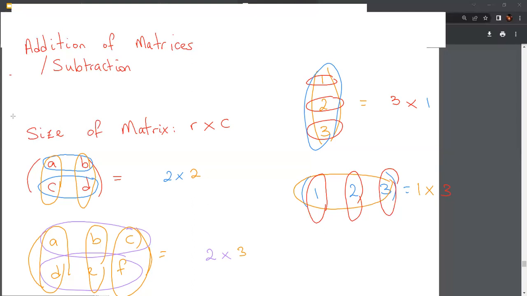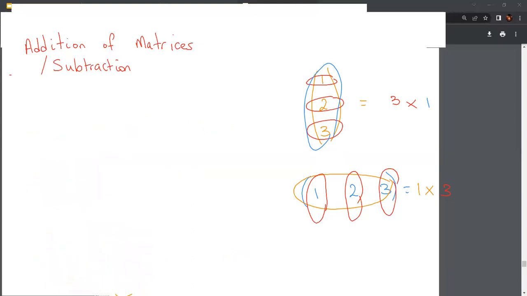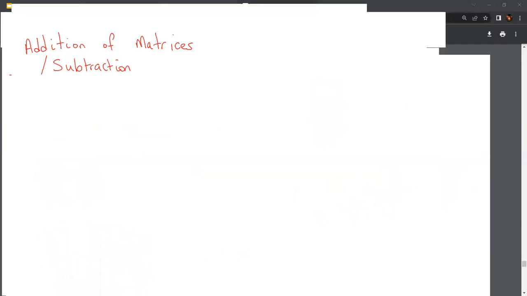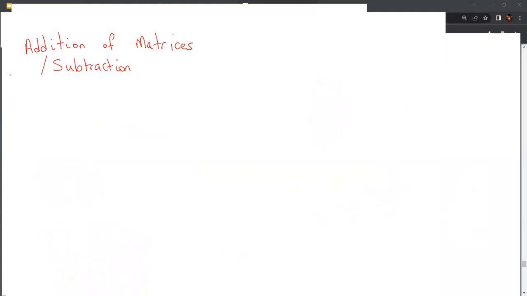All right, so let's see addition. Now, you can only add or subtract matrices which are of the same size. So that's your first rule.